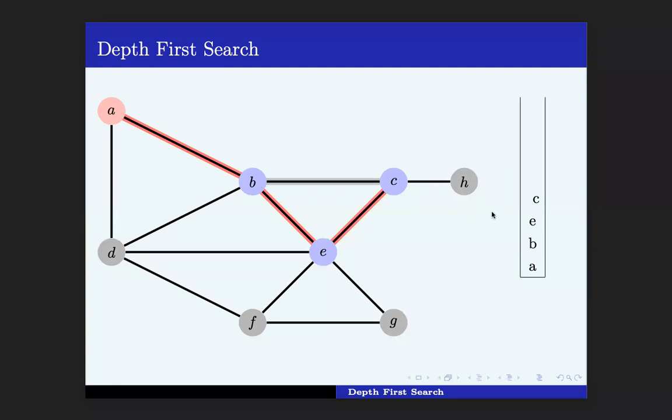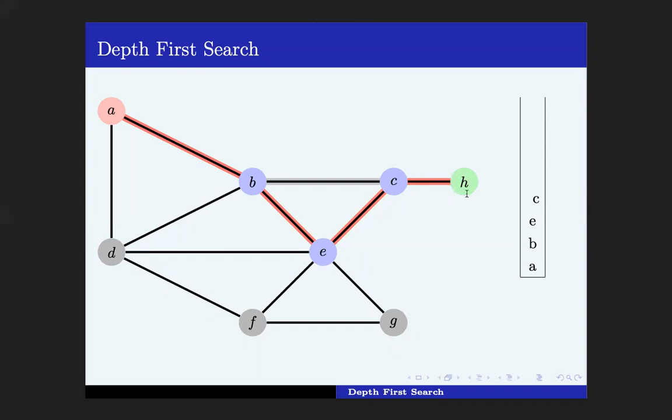So now give me another neighbor of C. Right? Another neighbor of C, that means it will be H, and push H. Now H has no neighbor. So when I ask for a neighbor of H, I have nothing. So I should pop out H and color it green.